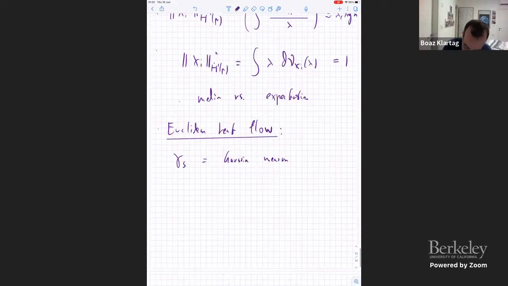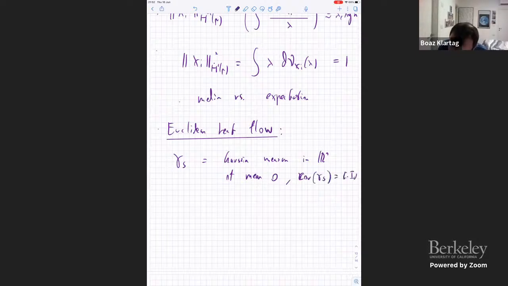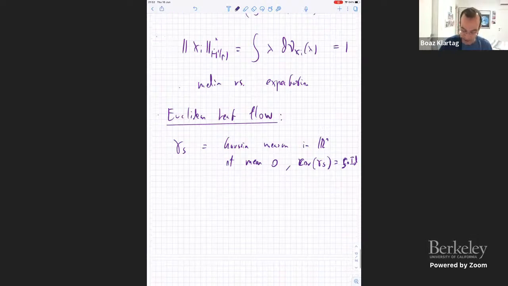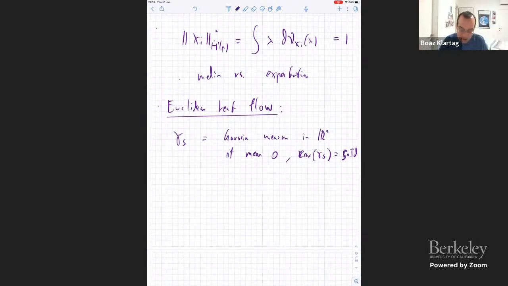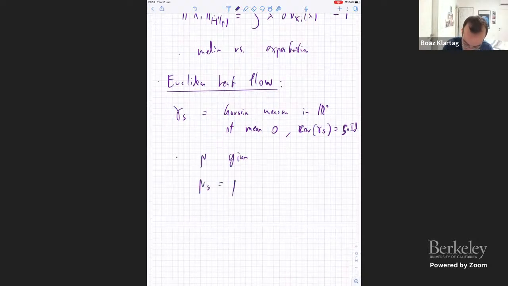I can still write the density, gamma S, of mean 0 and variance S. So that's a measure of width root S in Rn. And now what's the heat flow? The heat flow is just convolution with the Gaussian. So given mu, I now look at mu S, which is mu convolved with gamma S.